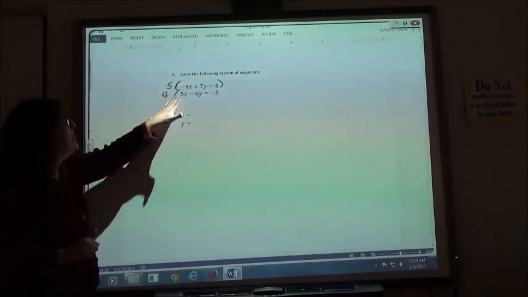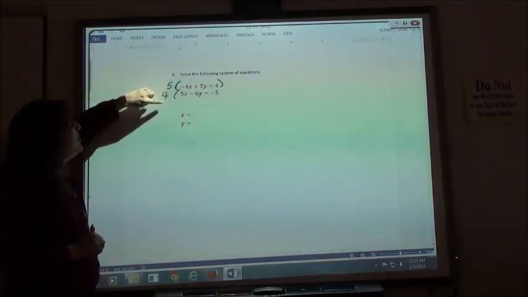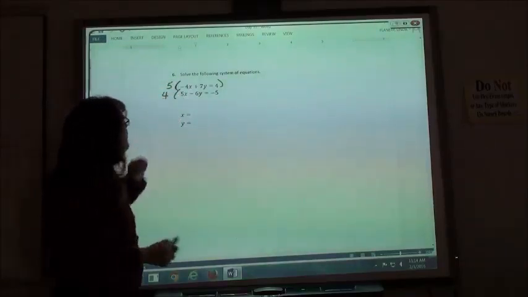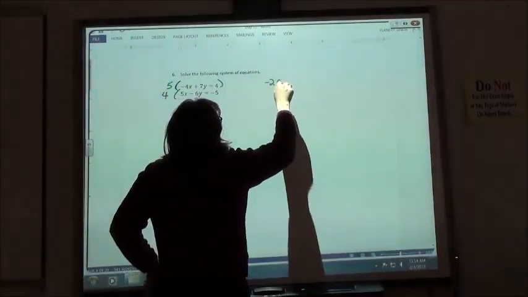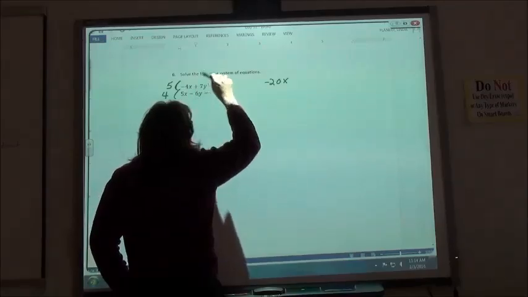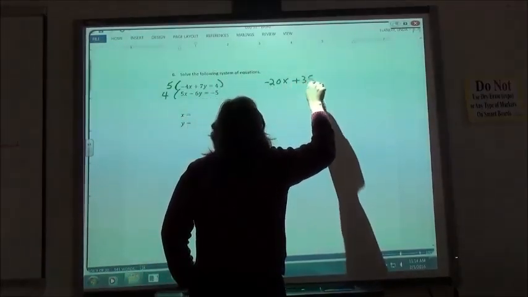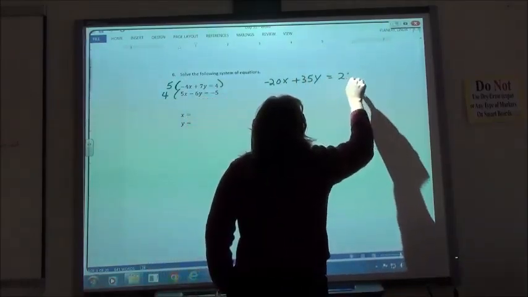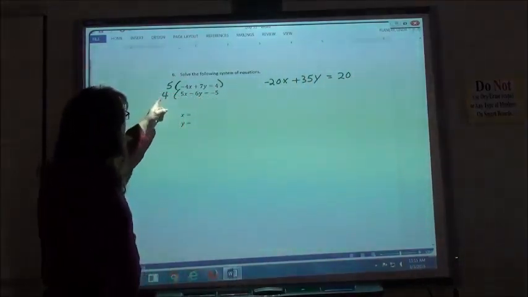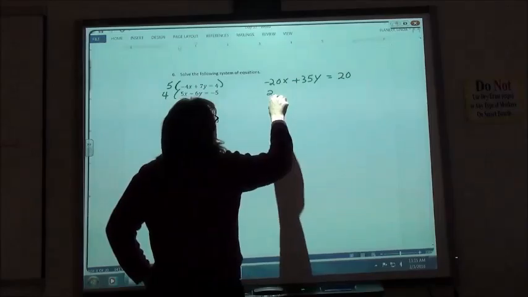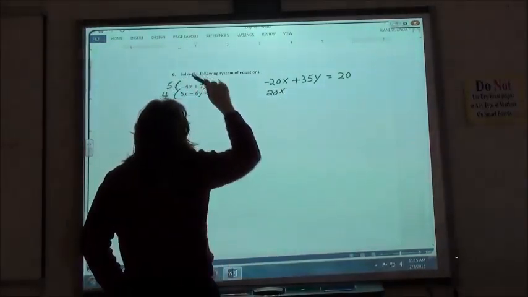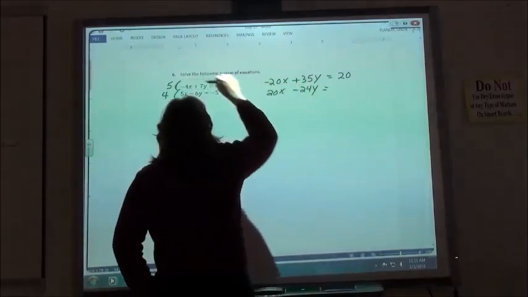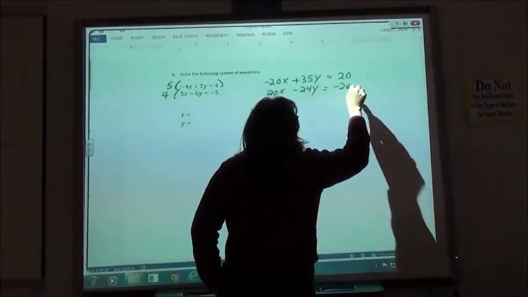Again, I don't want my signs to change, so both of these numbers out here should be positive. 5 times -4x is -20x. 5 times 7y is +35y equals 5 times 4, which is 20. On the bottom, 4 times 5x is 20x. 4 times a -6y is -24y. 4 times -5 is -20.